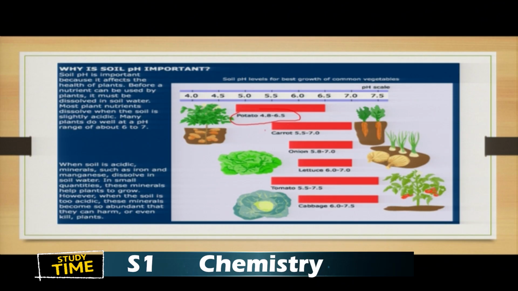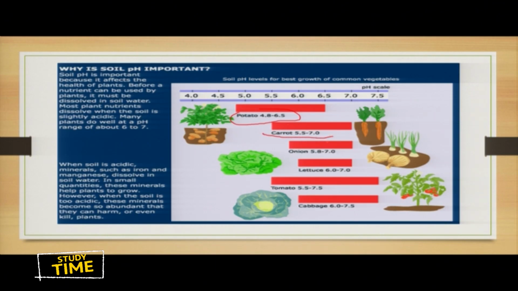Carrots range from 5.5 to 7, onions 5.8 to 7, lettuce 6 to 7, and cabbages 6.0 to 7.5.